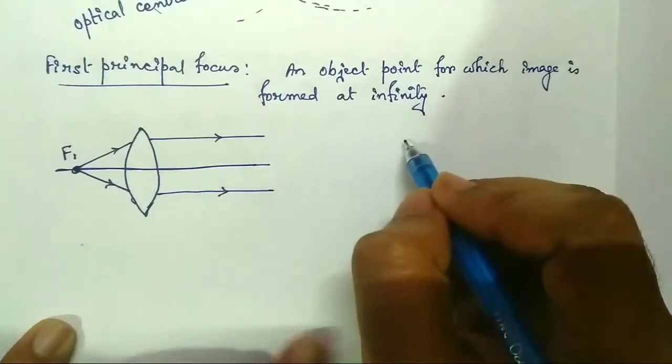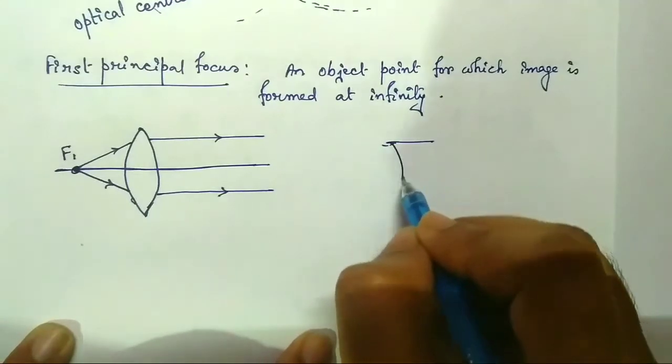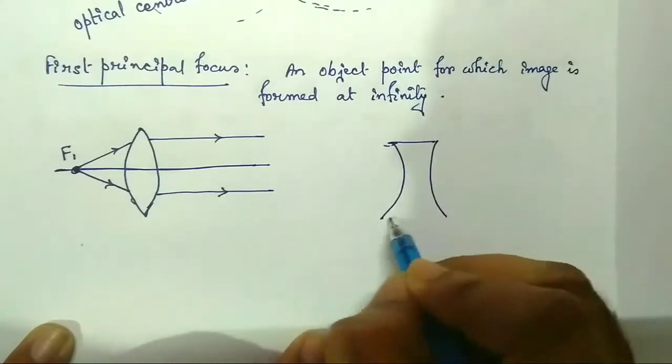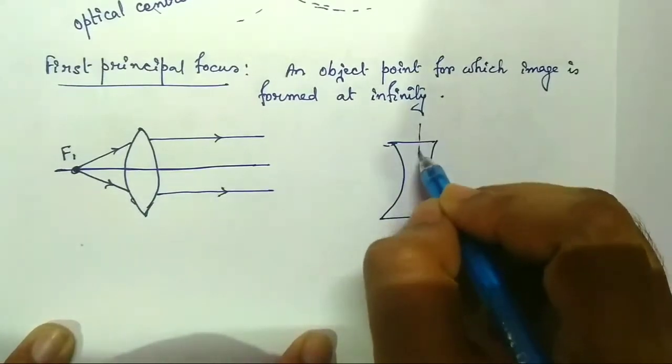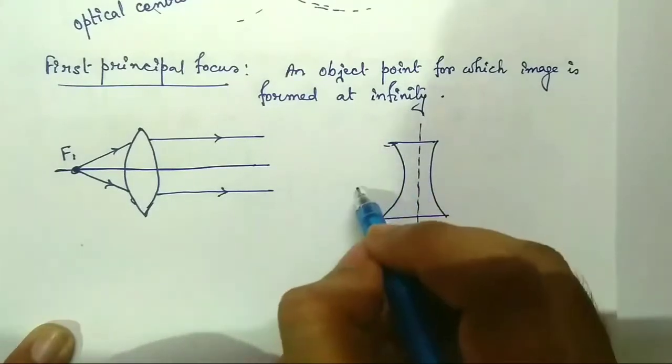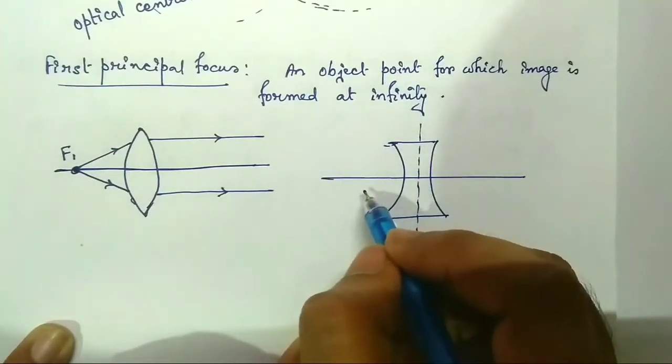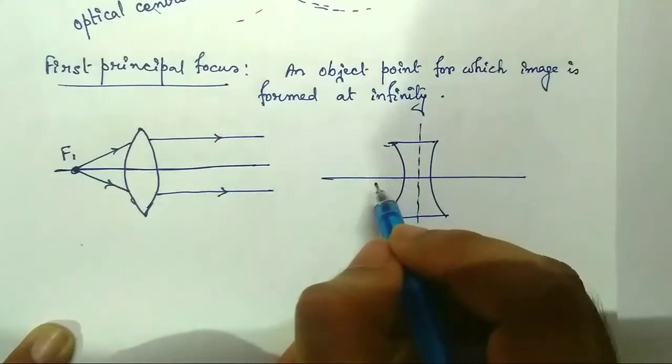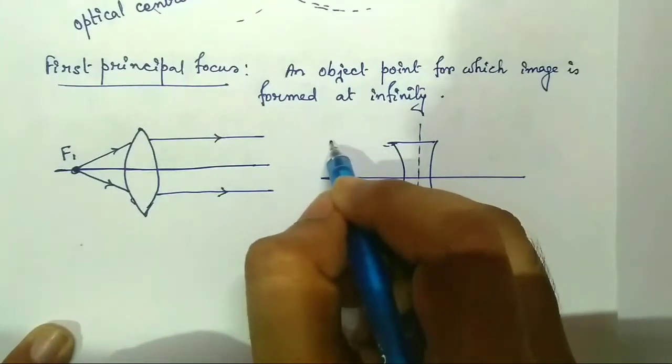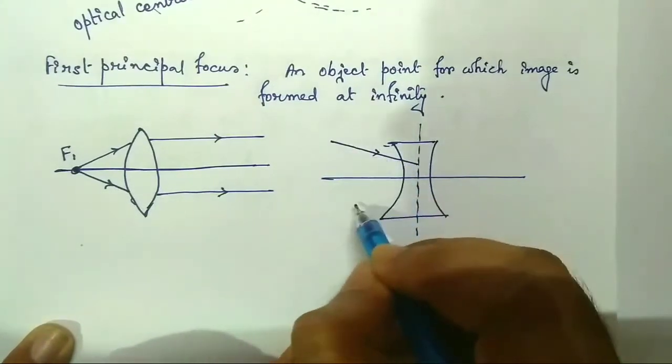Okay. Now, this is my biconcave lens. Similar diagram for the concave lens.